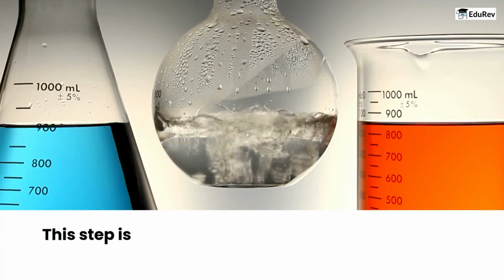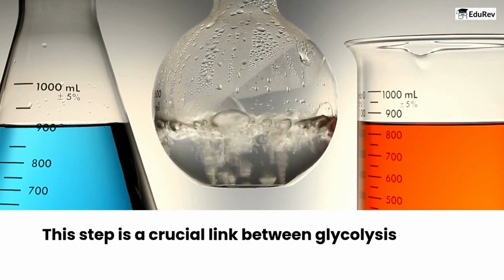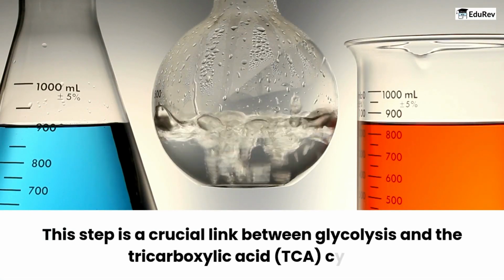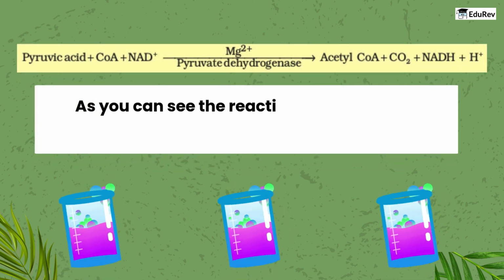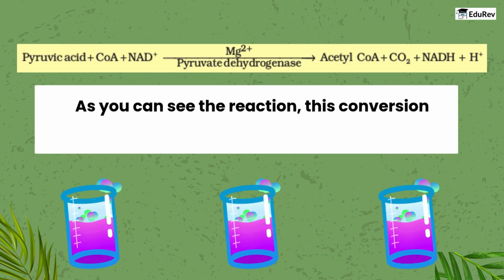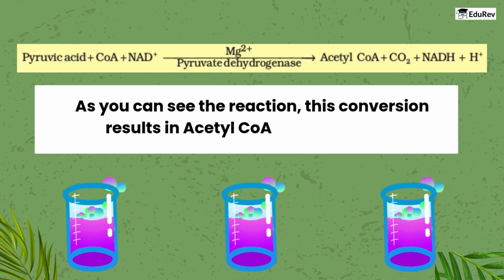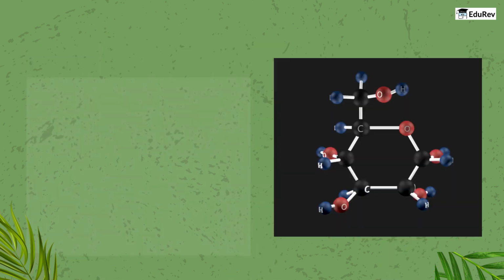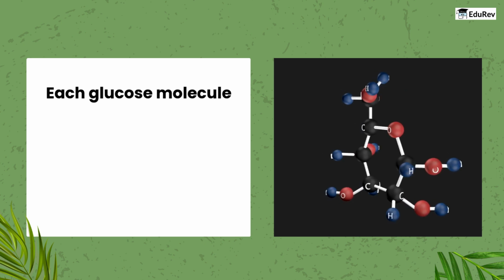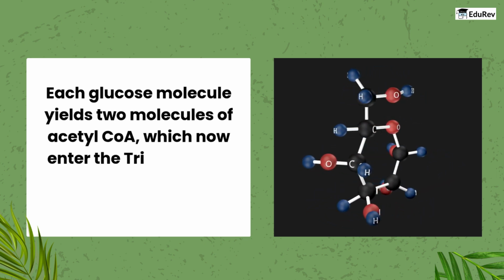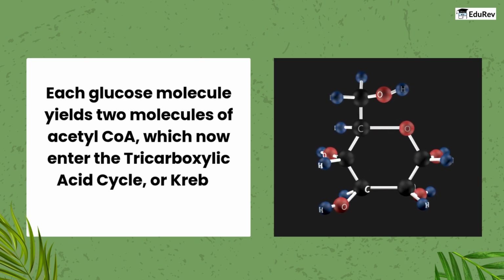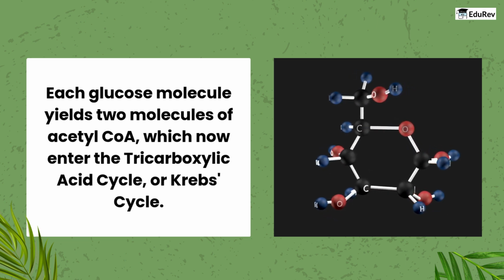This step is a crucial link between glycolysis and the tricarboxylic acid cycle. As you can see in the reaction, this conversion results in acetyl coenzyme A, carbon dioxide, and NADH. Each glucose molecule yields two molecules of acetyl coenzyme A, which now enter the tricarboxylic acid cycle or Krebs cycle.